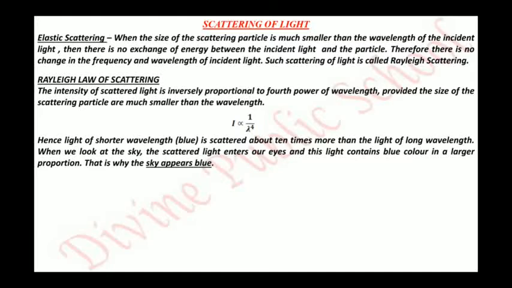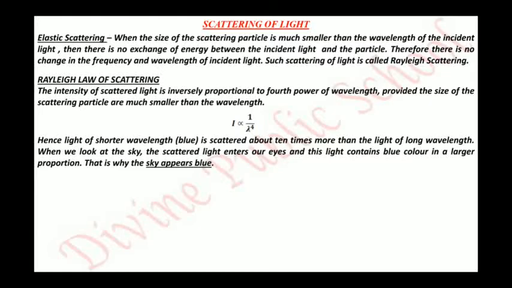Now that scattered light again strikes some molecule and then reaches our eye. We have so many wavelengths, but the scattered light coming from everywhere in the sky is what comes into our eyes. So the light which comes to our eyes has a larger proportion of blue light, and that is why the sky appears blue.